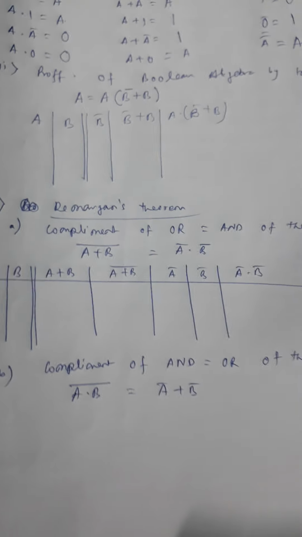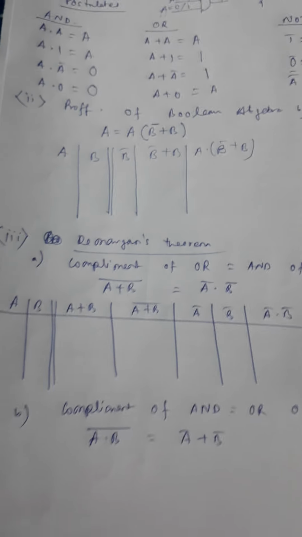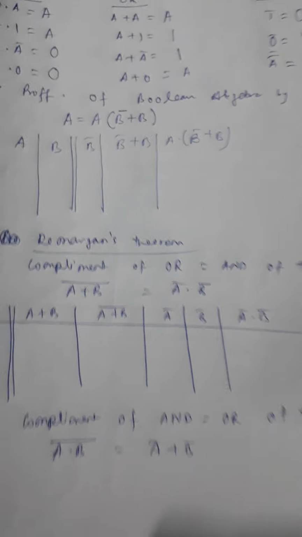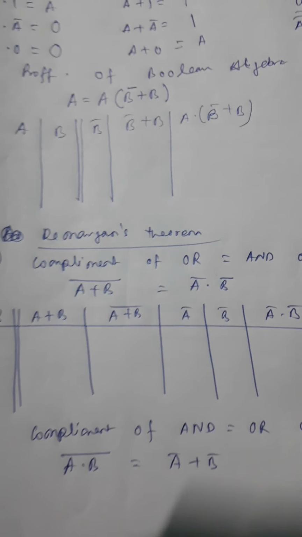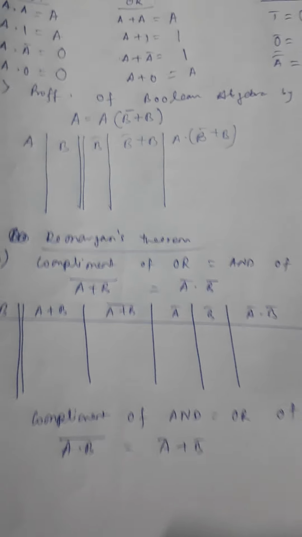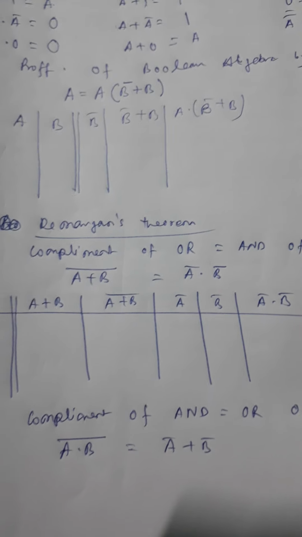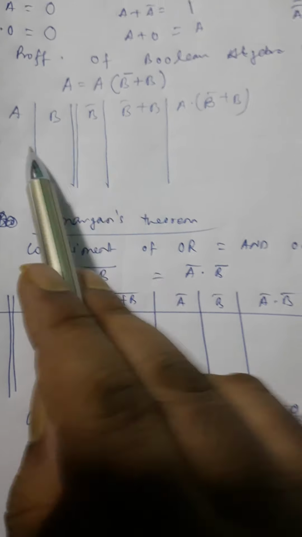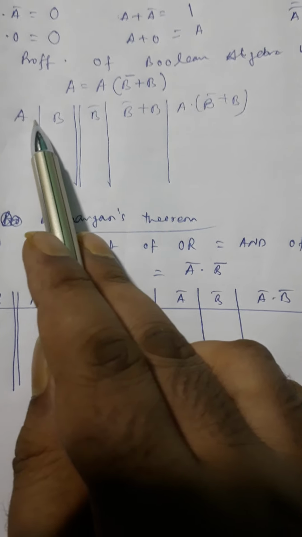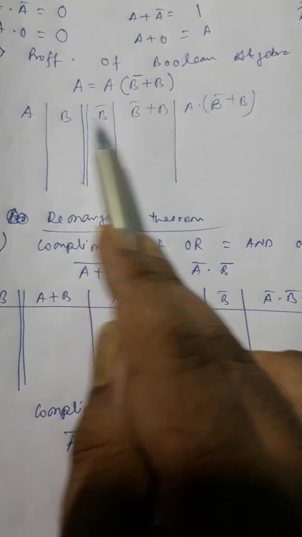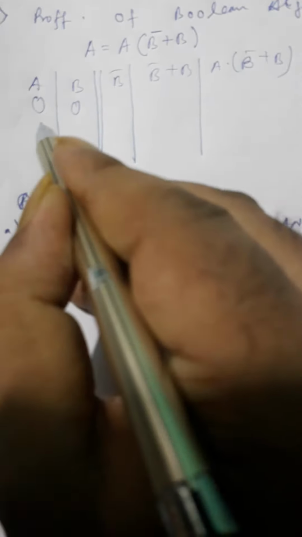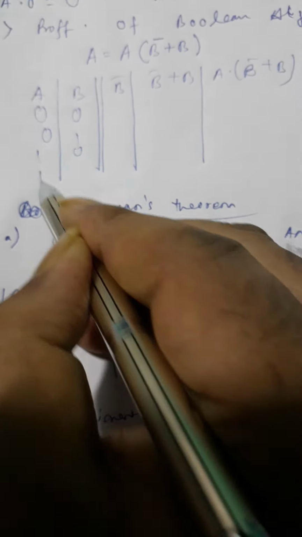Remember this, the more you break things, the more you make it simple and small, the easier it will be to understand. This is how we break things and we make things. Fine. So let us write 0 0, 0 1, 1 0, 1 1.